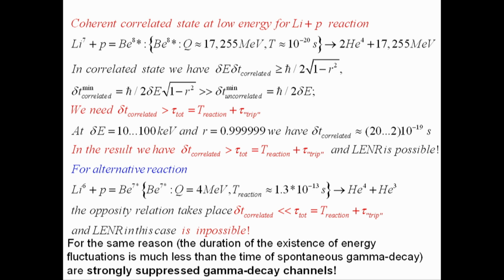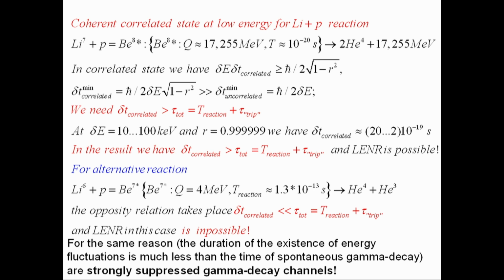For example, if for the potential barrier we need energy from 10 to 100 kiloelectron volts, then according to the correlation coefficient the value will be approximately 10 to the power minus 18 seconds. But the nuclear reaction duration is 10 to the power minus 20.